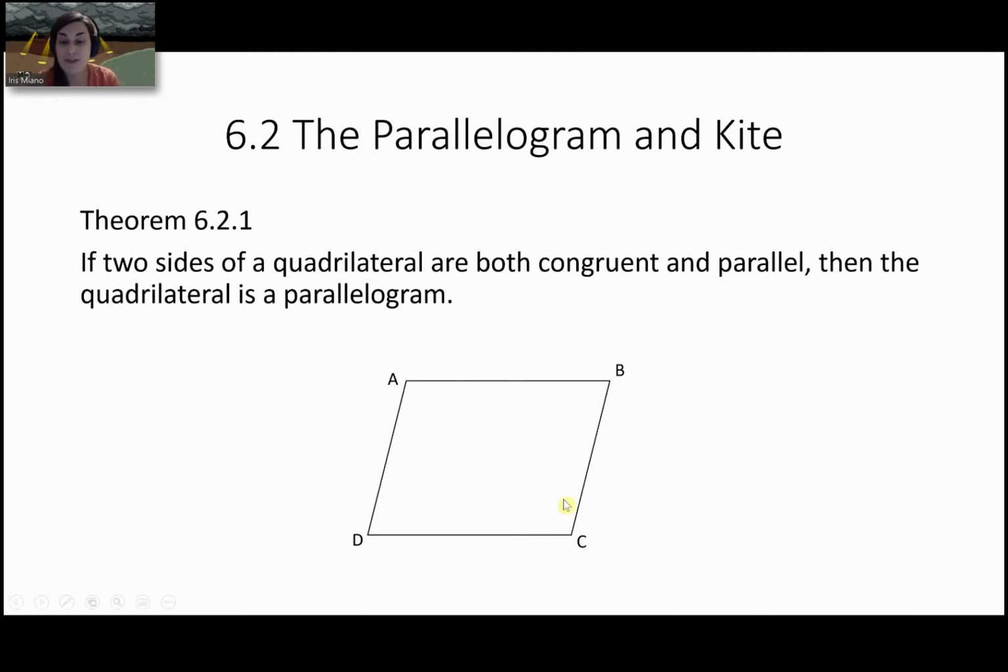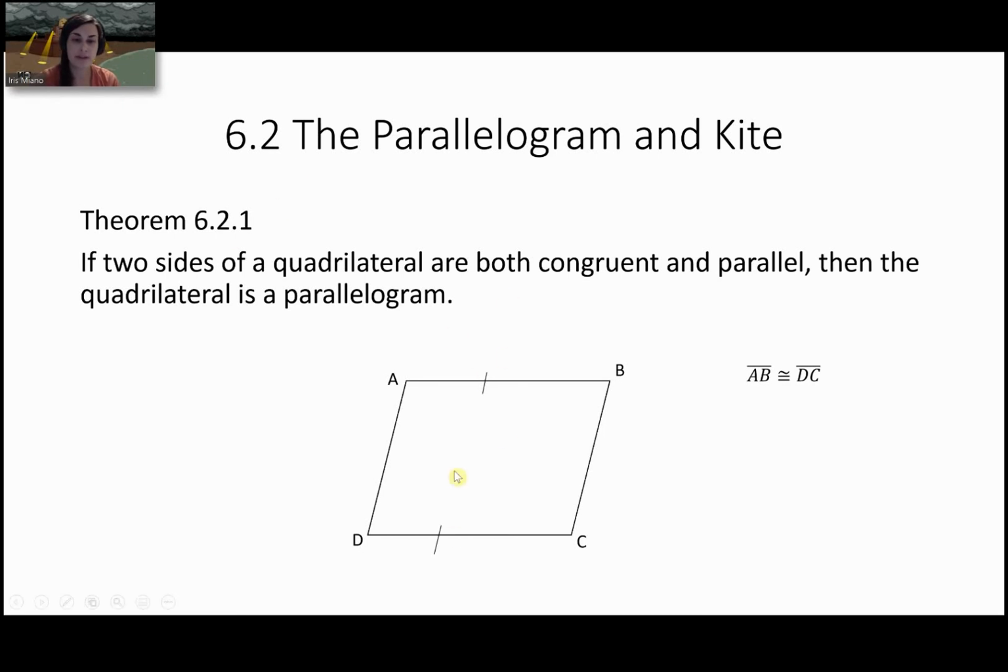a parallelogram. So even though the generic figure that we're working with here in illustrating this theorem clearly looks like a parallelogram, it cannot be assumed to be so unless the hypothesis information has been established. And by the hypothesis information, I mean both two sides of the quadrilateral both congruent.